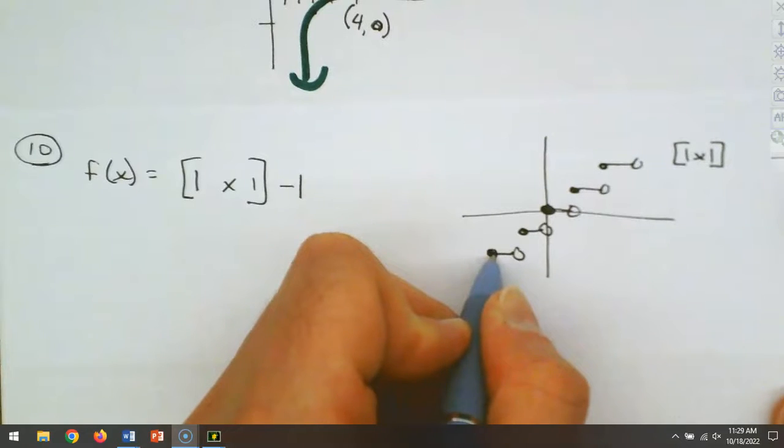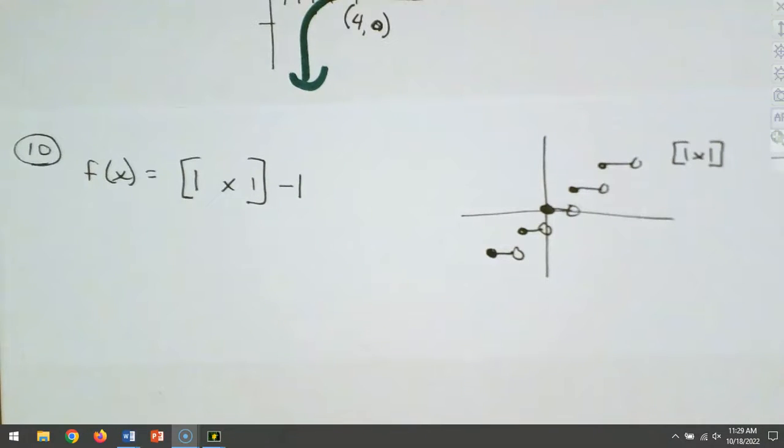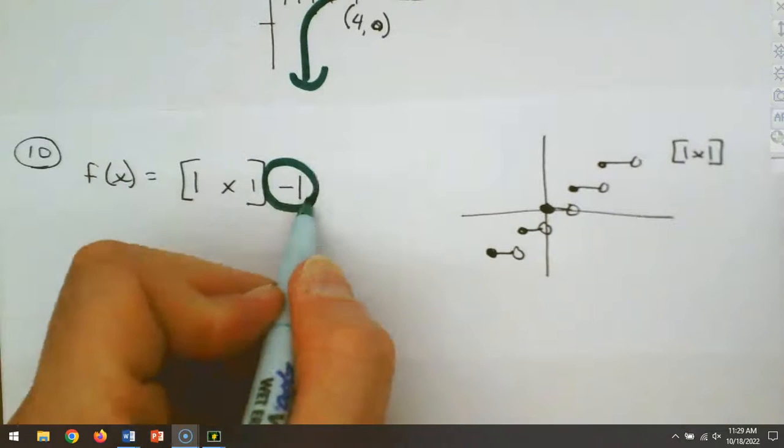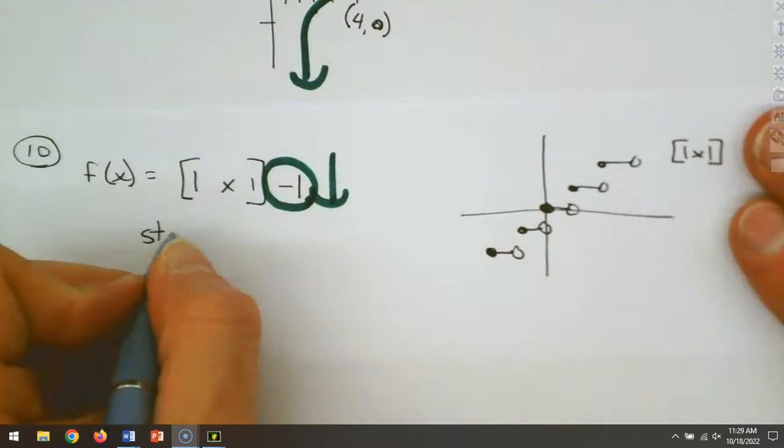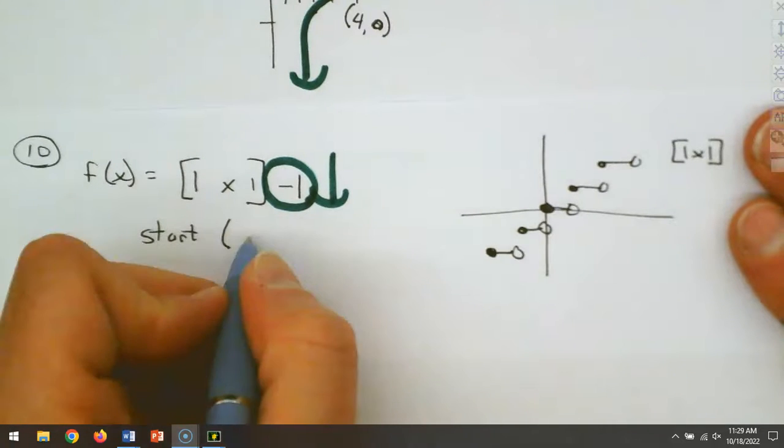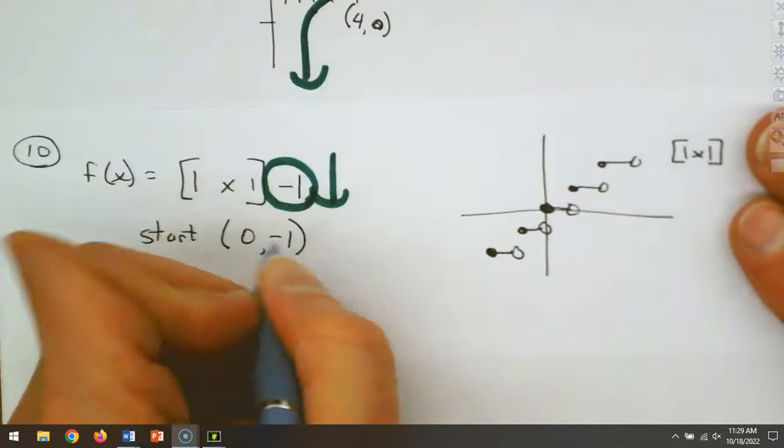Okay, now let's see where we begin. So where do we begin now? Yep, so this negative 1 here, that's going to force it down, isn't it? So that is going to be now at 0, comma, negative 1.